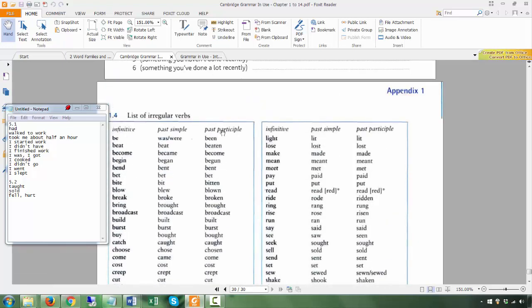As I mentioned to you, we use this basically for two things. Number one, for passives, be plus past participle, and you also use it for present perfect simple tense, the fifth tense, which I will go through.